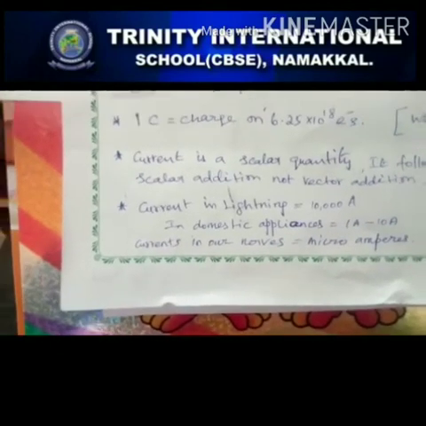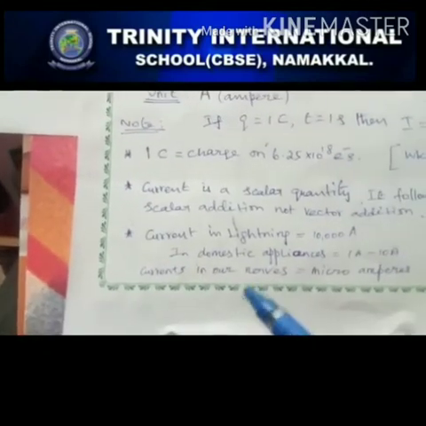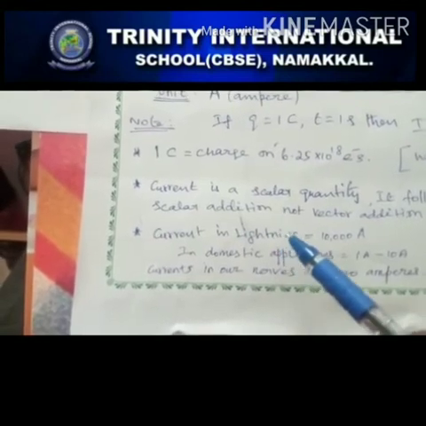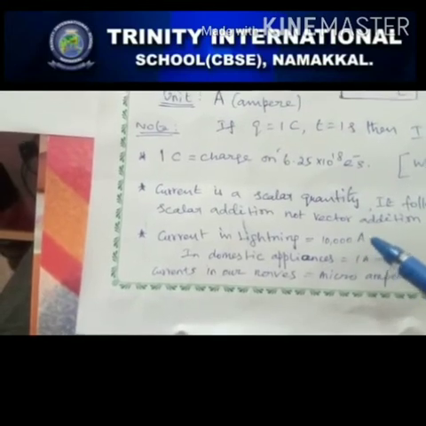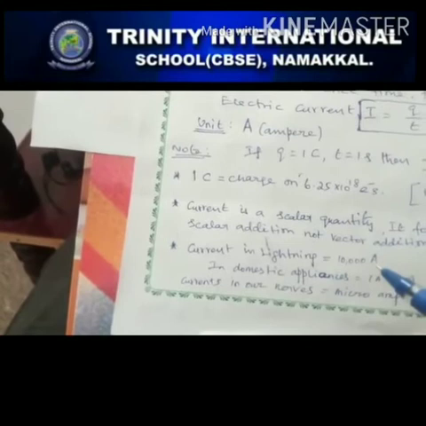Next we will discuss the value of current in various places. For example, current in lightning: nearly 10,000 amperes of current passes through the atmosphere, from cloud to earth.